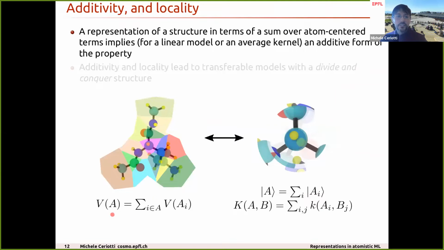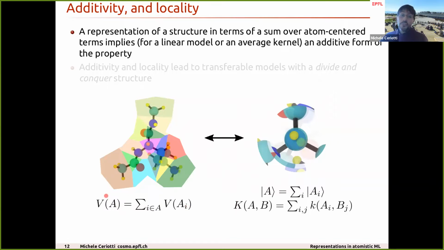With additive, I mean that very often in molecular modeling, you write your function of the coordinates of all the atoms in a molecule as a sum of terms that correspond to atom-centered environments. Basically, the total energy of a molecule will be decomposed as a sum of contributions, each associated with one atom and its neighbors.